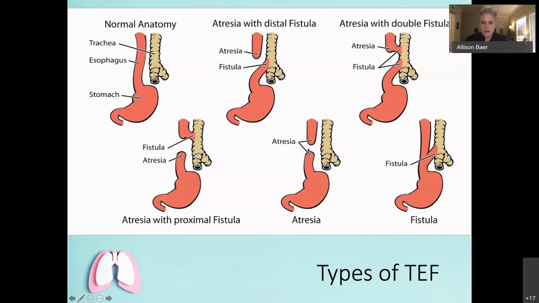That happens apparently in 8% of the cases where it just doesn't develop, but there's no actual connection to the trachea. And you can just have a fistula with an intact esophagus. So the esophagus goes all the way down to the stomach, but there's some kind of connection between that. And this is almost like a silent killer, because at first they may be eating and feeding well, but any reflux is going to go straight back up into their lungs. So that's not good.